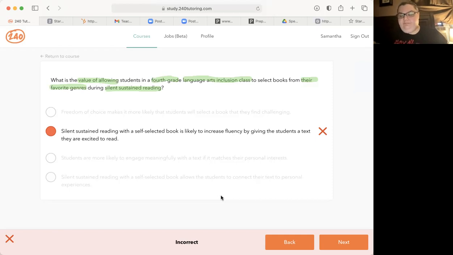You can still learn the idea of characterization and talk about how characters are developed in a lesson, going over each individual student's silent sustained reading. Somebody chooses Willy Wonka and the Chocolate Factory, somebody chose Matilda in the 4th grade, somebody chose whatever else.